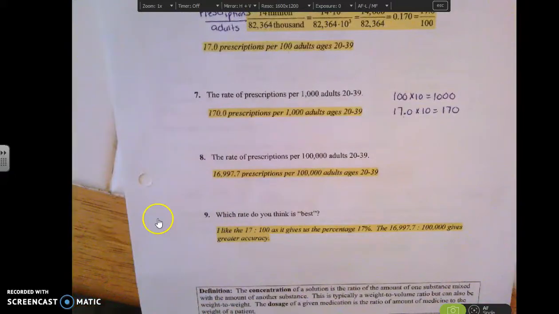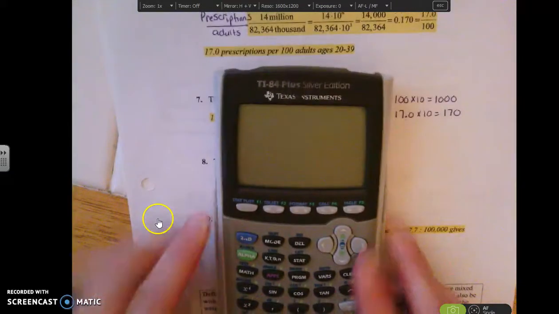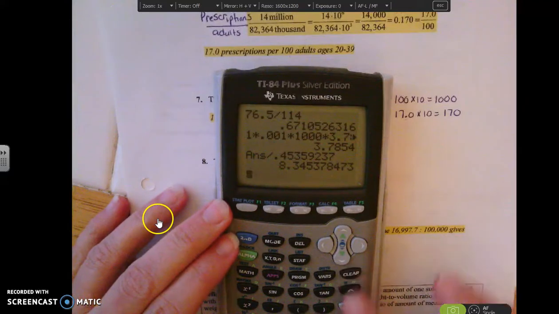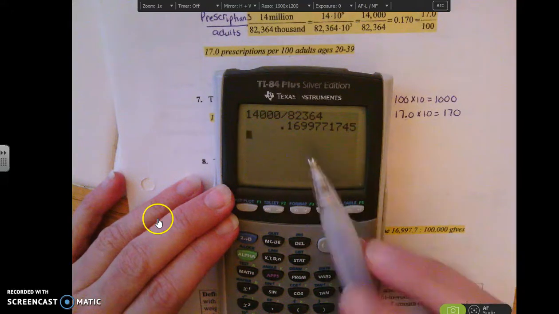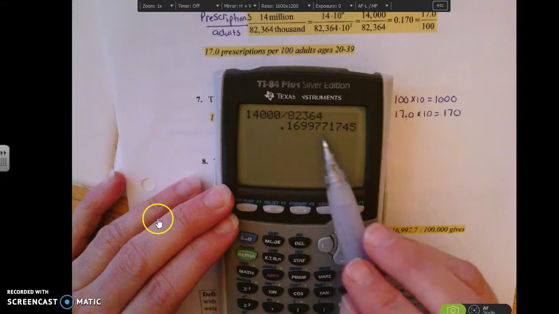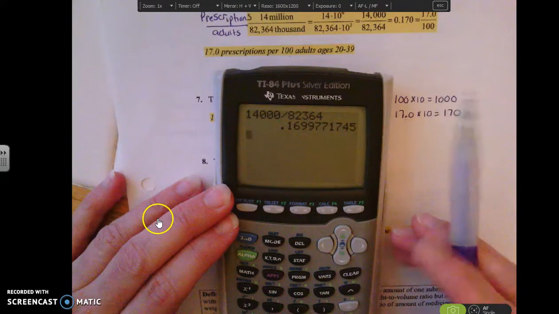Now for this next one, look at your calculator and refresh your memory on this. Notice that if I take the 14,000 and I divide it by 82,364, notice how I get 0.169977. So when I did problem number 6, I rounded it off.